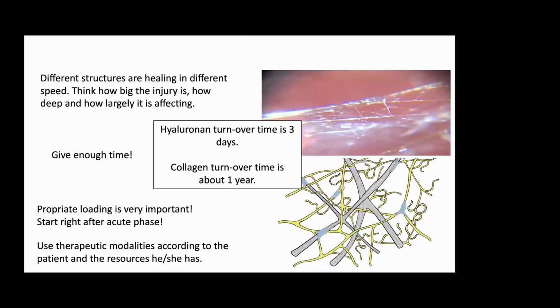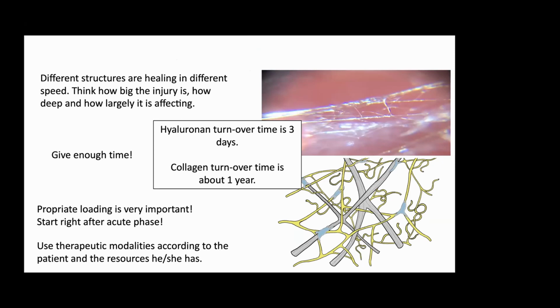Okay, as a conclusion, different structures heal at different speeds. Think about how big the injury is, how deep, how largely it is affecting. Give enough time for the body to heal itself, because collagen turnover time is about 1 year. And remember that hyaluron turnover time is 3 days.